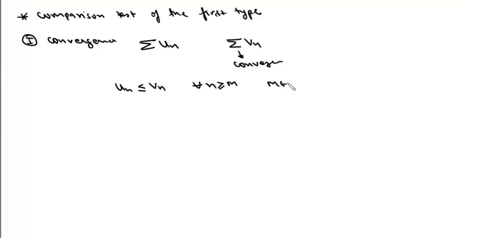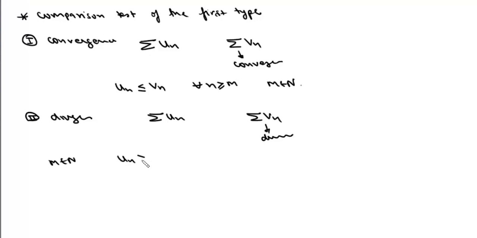So for a natural number m, we have un less than or equal to Vn for all n greater than or equal to m. And if we have to test for divergence of un, then we'll take a divergent series Vn such that there exists a natural number m for which the corresponding term of un is greater than or equal to Vn for all n greater than or equal to m.